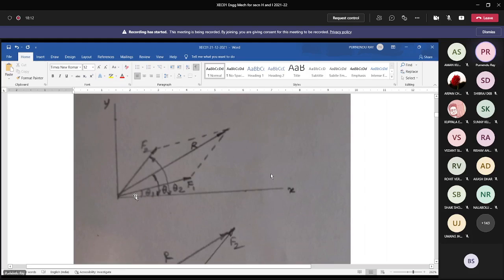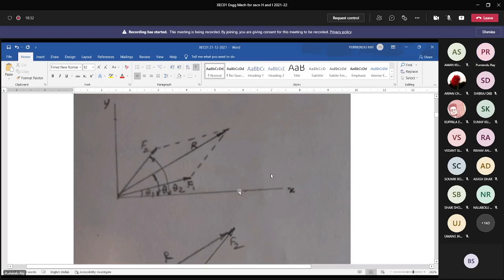For F1, the angle is theta 1. For F2, the angle is theta 2 with the x-axis. So the second one is F2 cos theta 2: the foot of the perpendicular from this point and the foot of the perpendicular from this point. So this length is F2 cos theta 2.